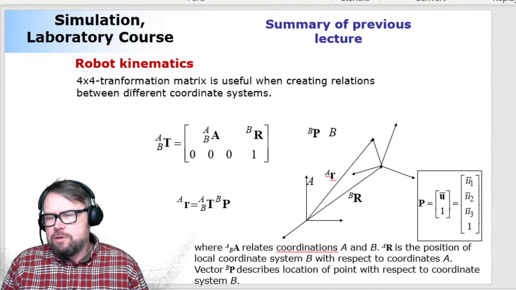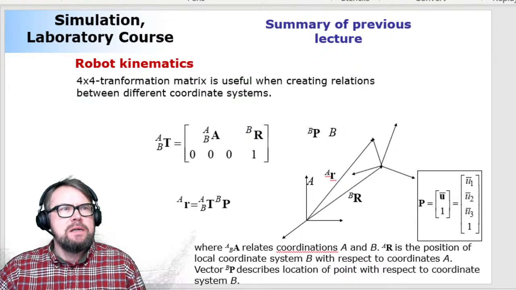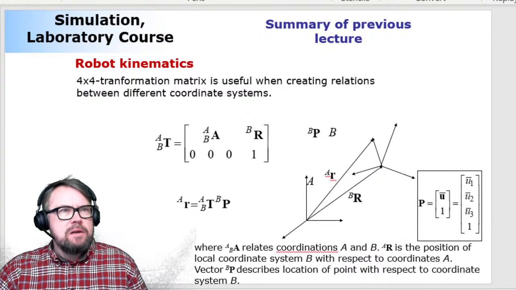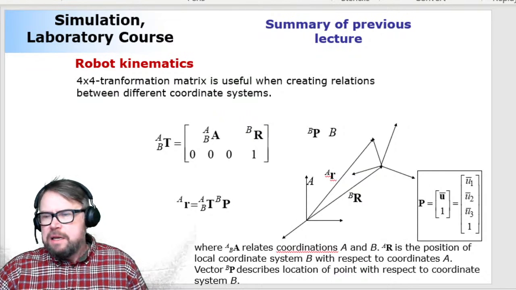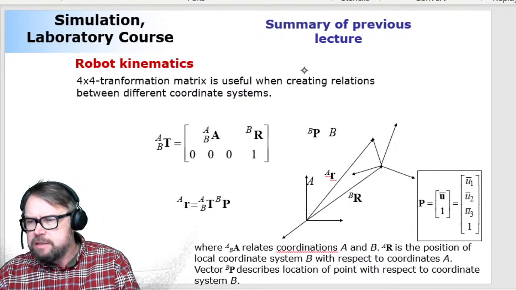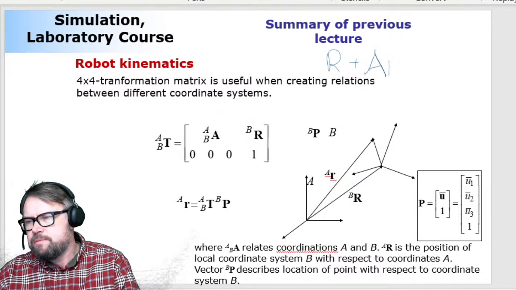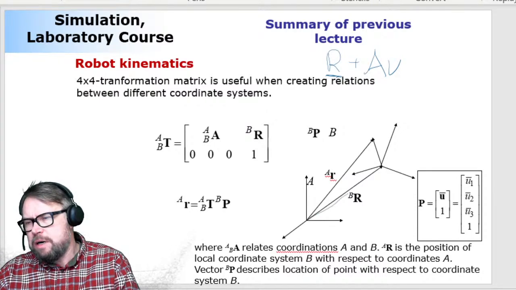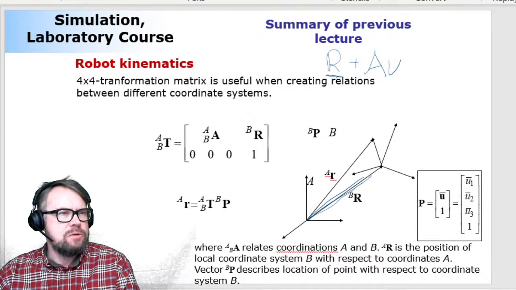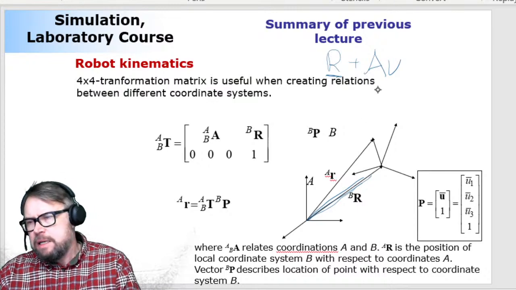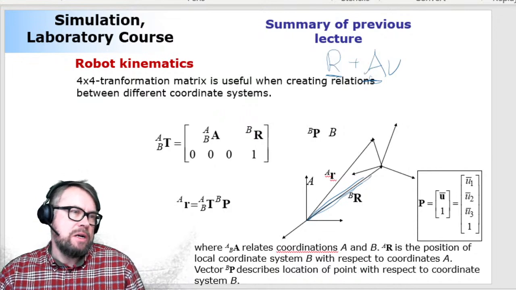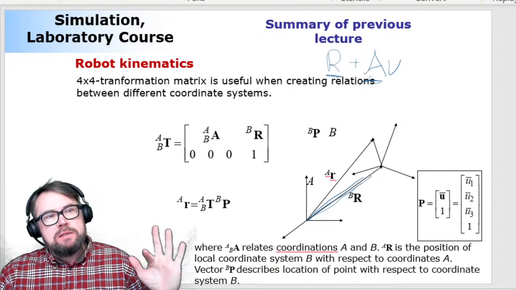So now, the 4x4 transformation matrix representation is a method where you take your kinematic description used in multibody system dynamics, which is this one here. So this is the vector that describes the translation of the body reference coordinate system with respect to the reference coordinate system. And then you have this 3x3 rotation matrix, which you can create by any means you want.